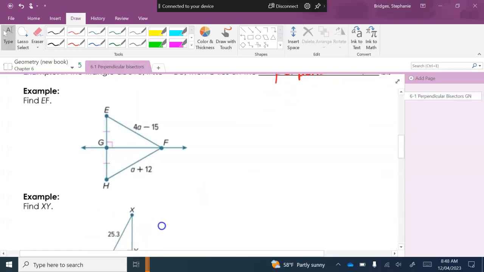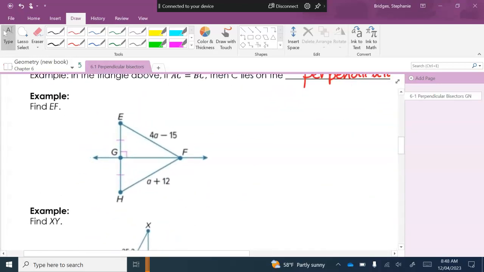All right, so let's take a look at that first picture. Pay close attention to your markings. What kind of angle is marked right there at angle G? A right angle. And then what does it tell me about segments EG and GH? They're congruent because of those markings. So if I wanted to find EF, like my question is asking, I have to solve for A, which means I'm going to have to set up an equation.